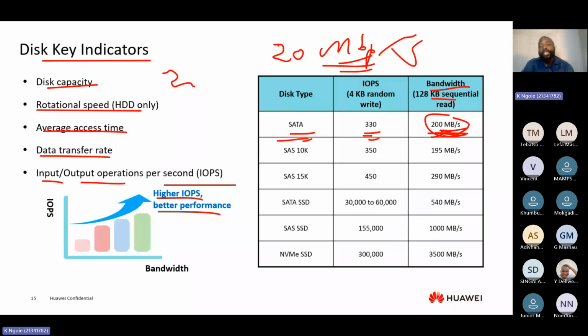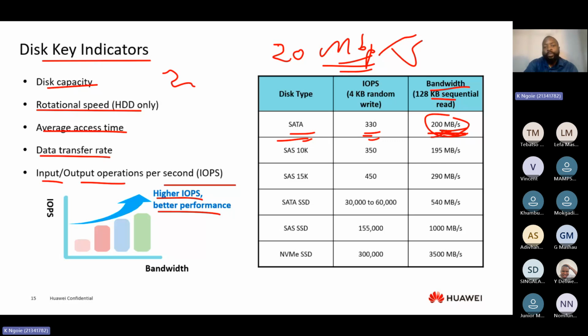This is measured in milliseconds. It will include what we call seek time, spelled S-E-E-K. Seek time is the time it takes to position the read or write head, right? And then we have the rotational latency, which affects how the disk is going to rotate to the data that is trying to be read.